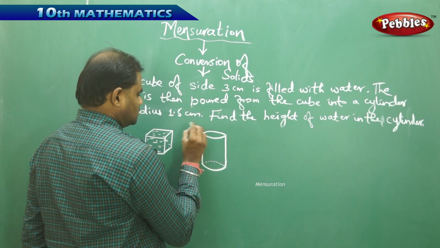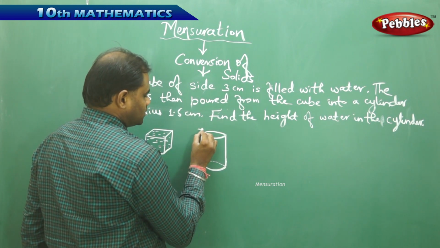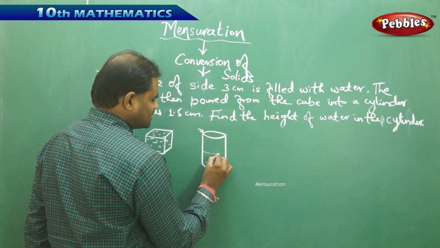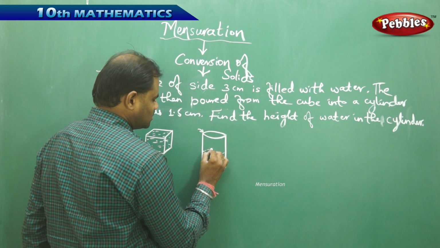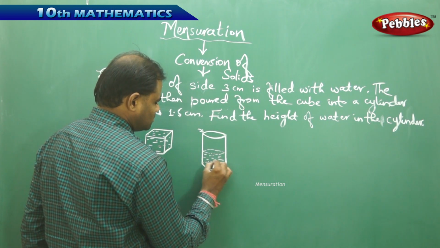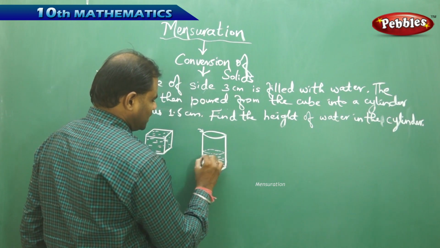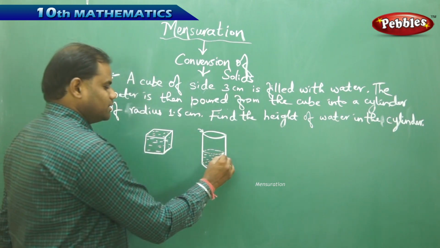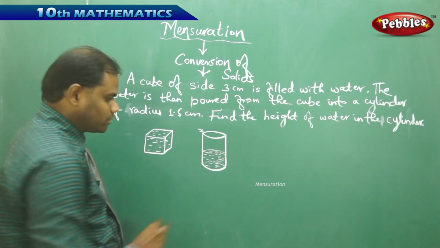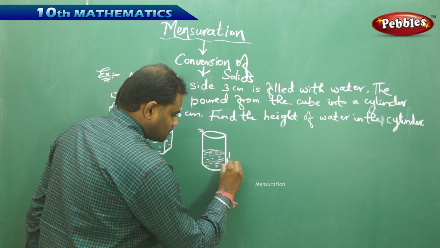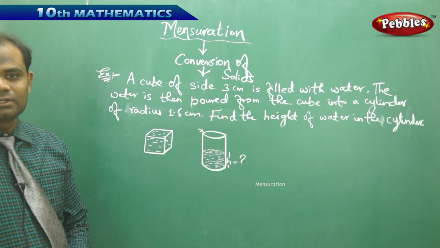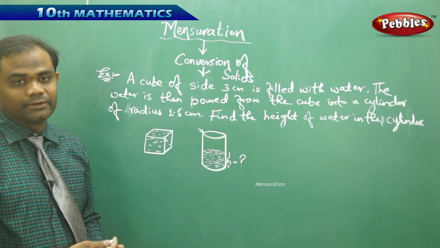so once the water is poured in, I see that this beaker occupies water until some height. Now the question here is on how I can find the height of the water which I need to find in this case. The question is about finding the height of the level of water in the cylindrical beaker.